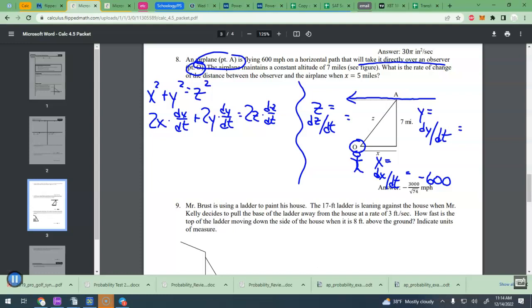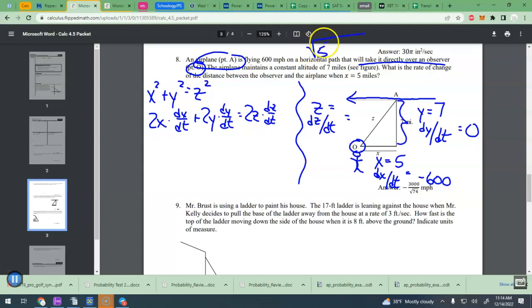X, they tell me, is 5. Y is this vertical distance, which is 7. What's dy dt? It's 0 because this vertical distance does not change. So that's not a variable, that's not a rate, it just is 7. Z, I don't know, but I can find it using the Pythagorean theorem.